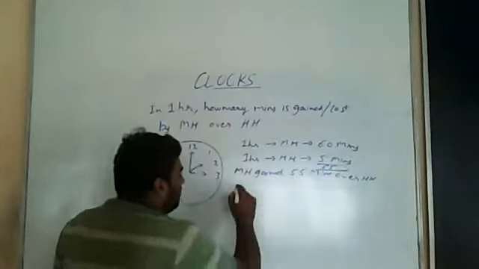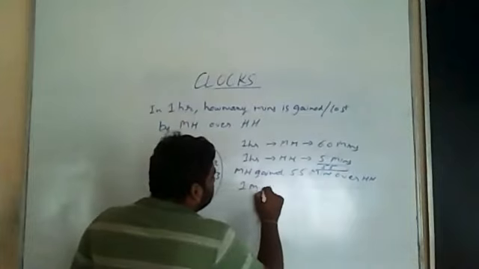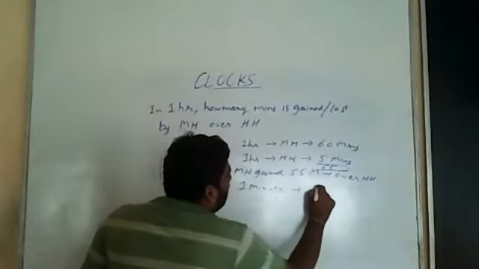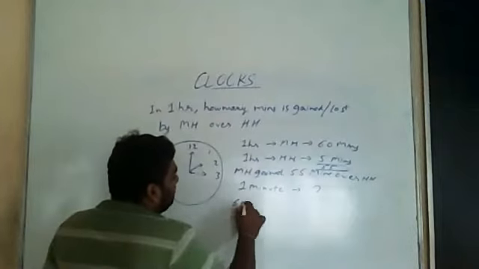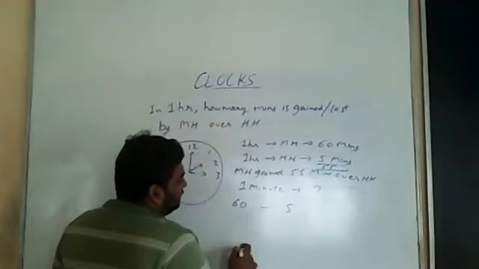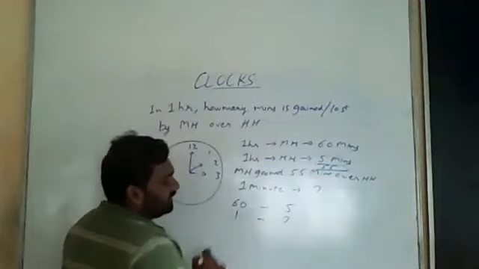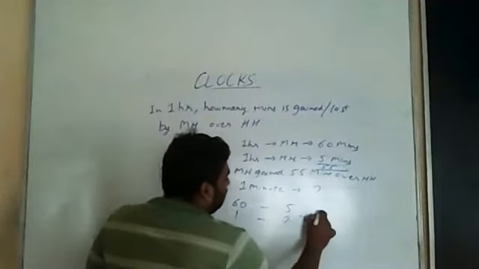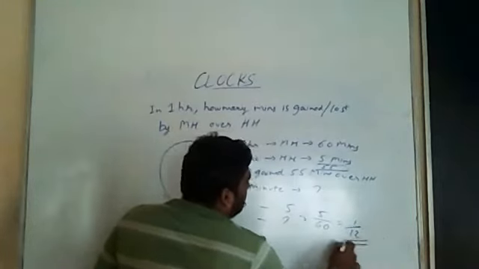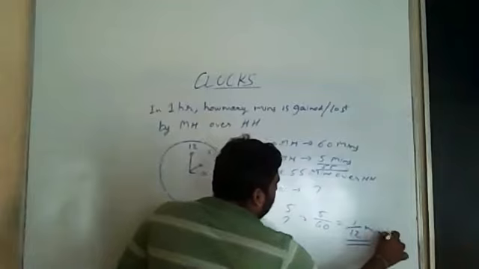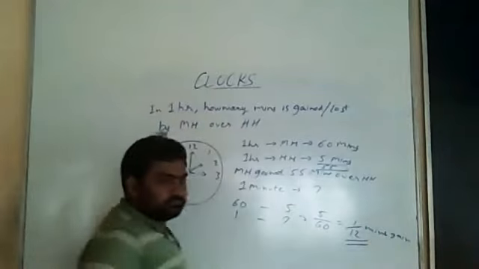Correct? Then in 1 minute, how much? In 60 minutes, 5 minutes gain. So in 1 minute, how much gain? It will give you 5 by 60, or it is nothing but 1 by 12. So 1 by 12 minutes of gain.